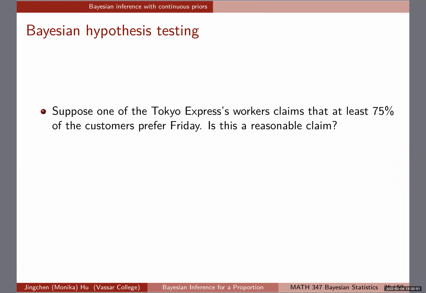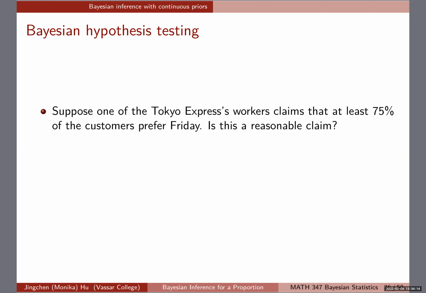For us, Bayesian hypothesis testing is once again about that unknown parameter p, right? Before we collect data, we have some prior. After we collect data, we have a posterior. So all of the tests are going to revolve around how we understand the posterior distribution.